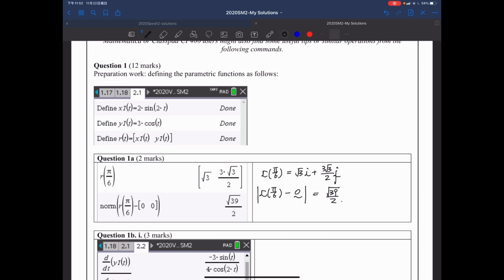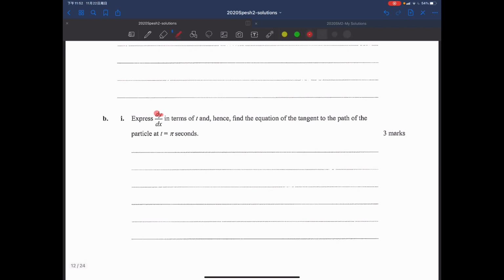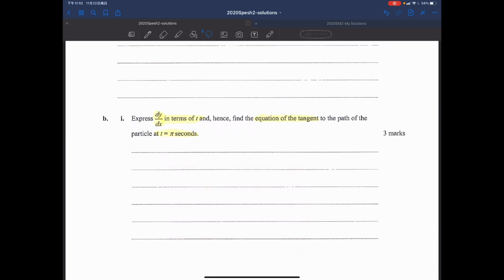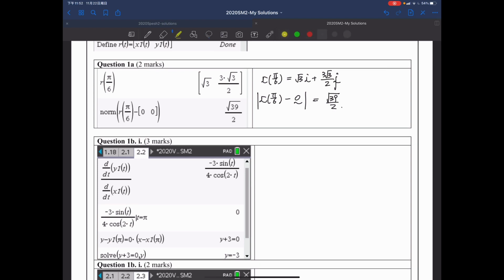The second part, let's have a look. We want to express dy dx in terms of t, and hence find the equation of the tangent to the path of the particle at t equals pi seconds. Because I already defined my y1 and x1, we can get dy dt and dx dt.